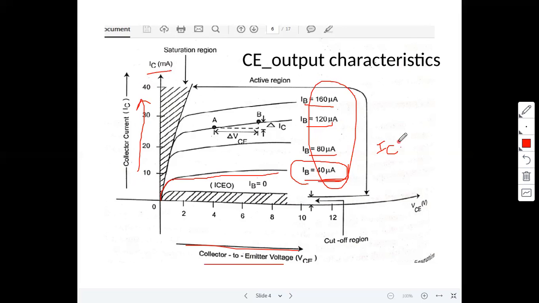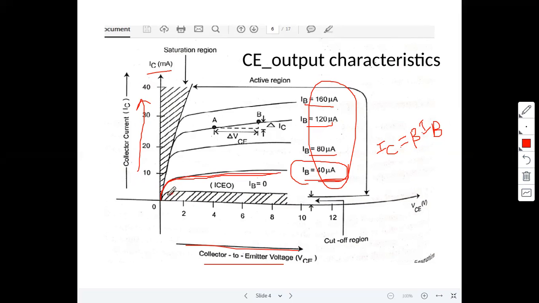Why? Because the relation between IC and IB is IC is equal to beta times IB. So it is multiplied with beta, and that's why you get this type of curve here.